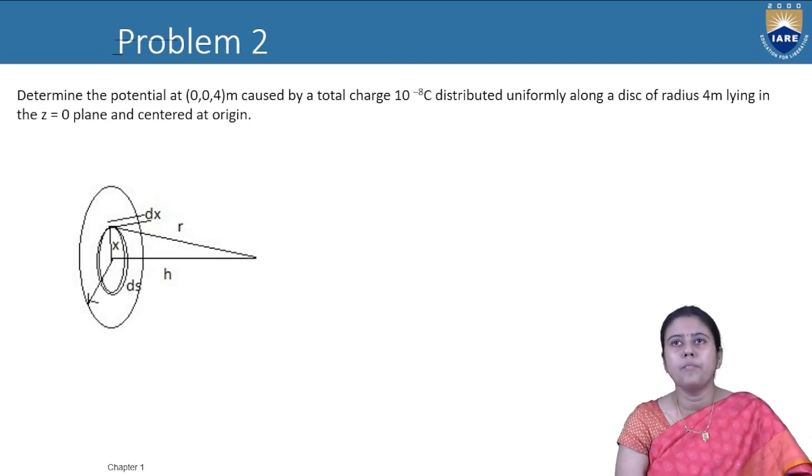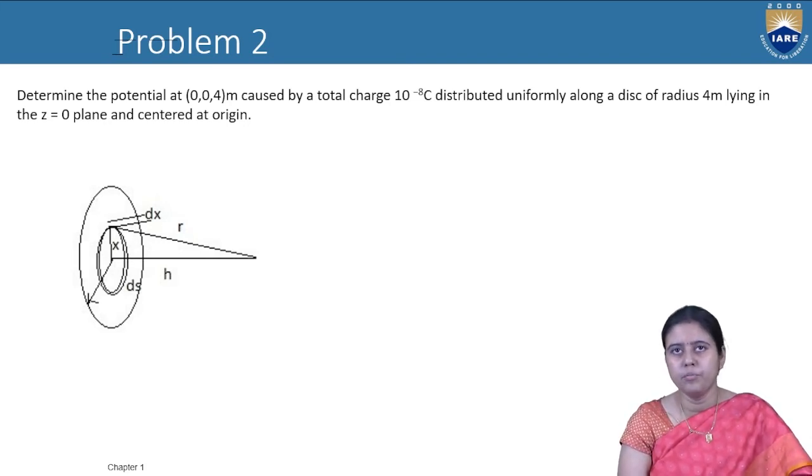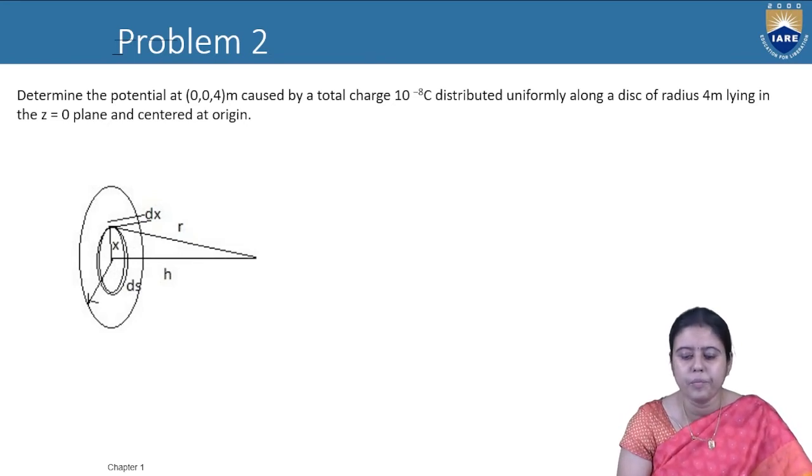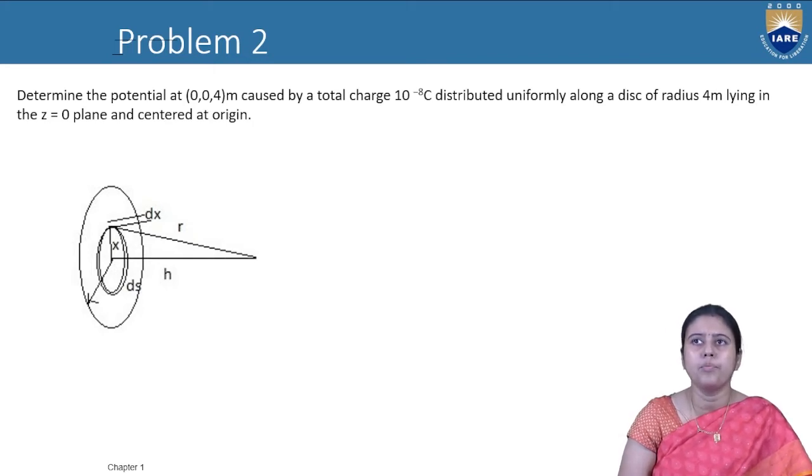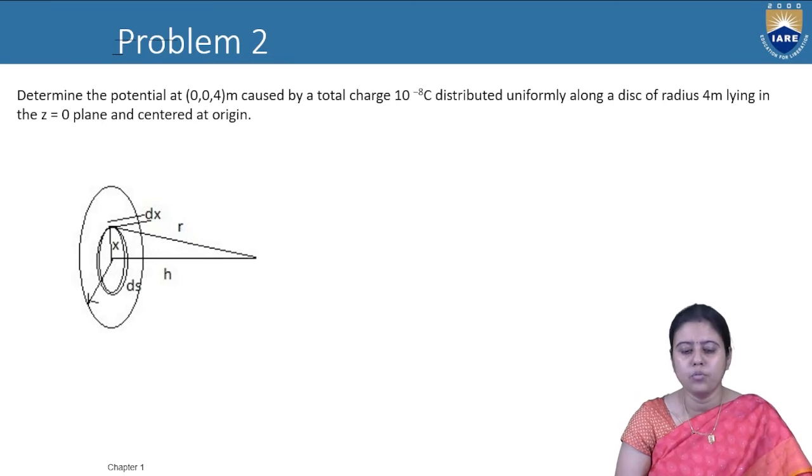Now this is an important question from your book: determine the potential at 0, 0, 4 meter caused by a total charge of 10 to the power minus 8 coulomb distributed uniformly along a disk of radius 4 meter lying in the z equal to 0 plane and centered at the origin. What does it mean? We have to calculate the potential at 0, 0, 4 caused by a charge.